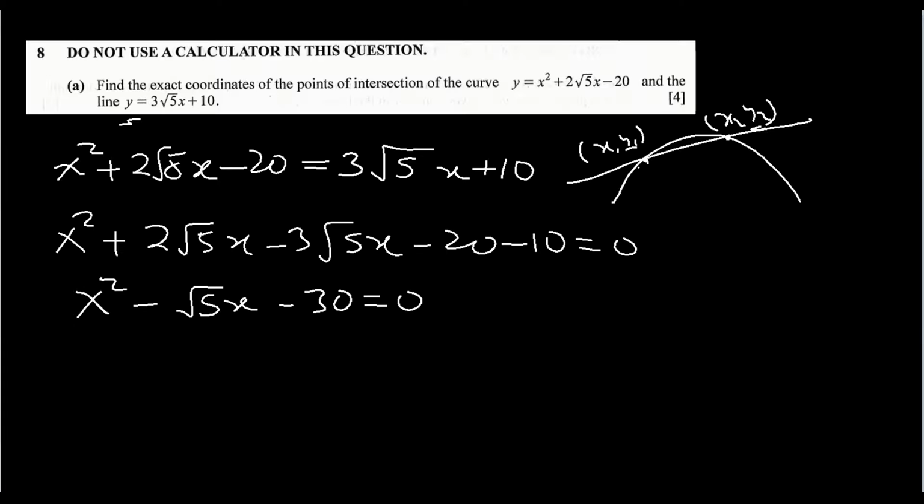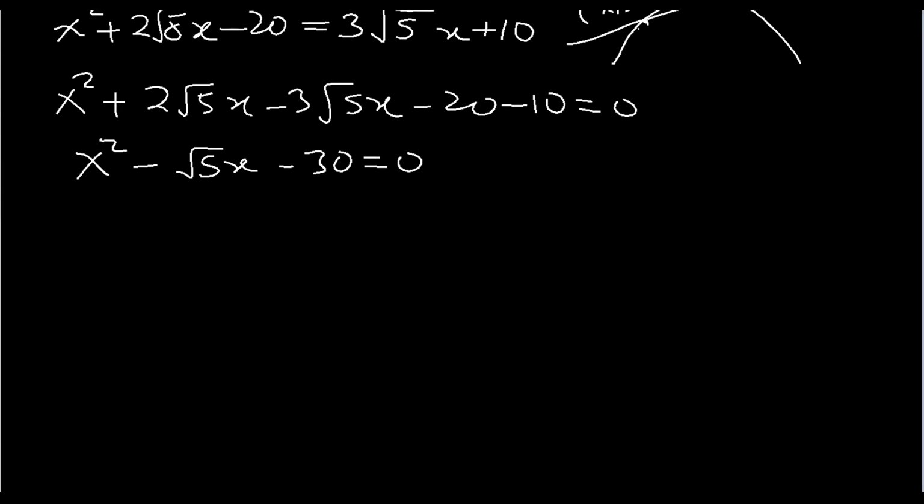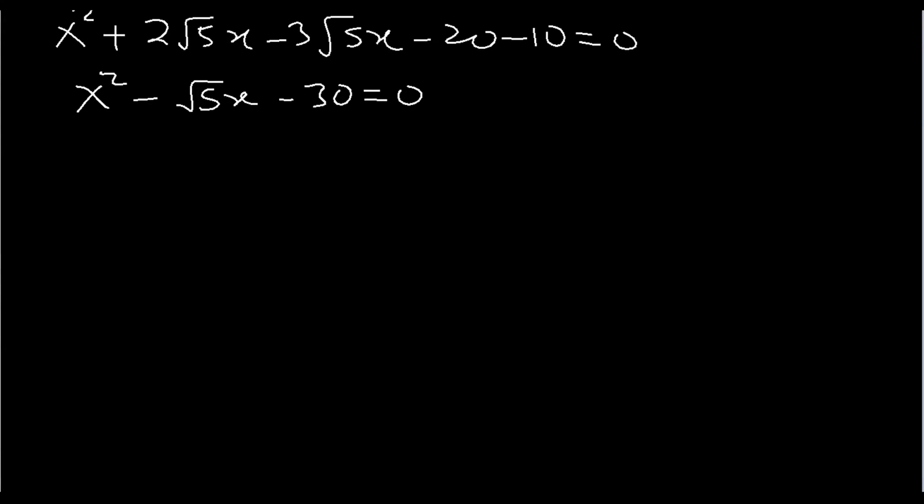Since they are saying that we can't use a calculator, we'll have to use the quadratic formula or the factoring method. Factoring will be difficult to guess here, so it will be good to use the quadratic formula. First of all, let me label: 1 is A, minus square root 5 is B, and minus 30 is C for the quadratic formula.